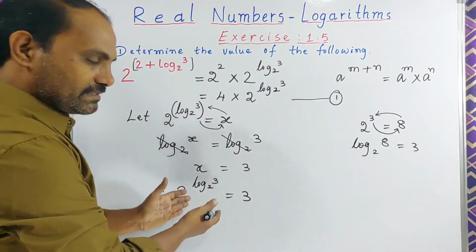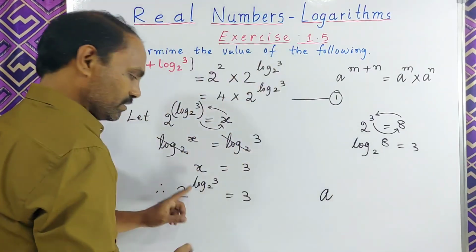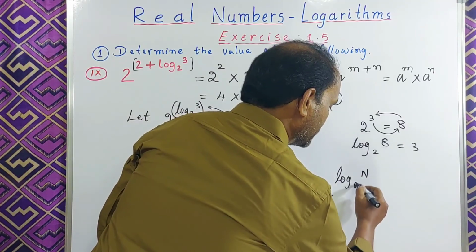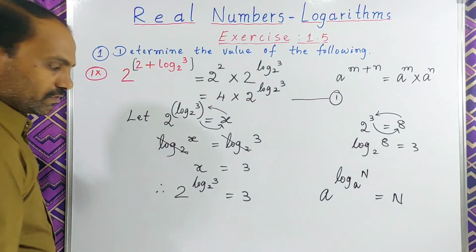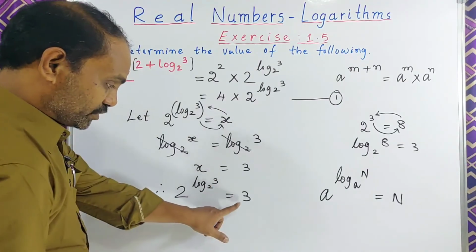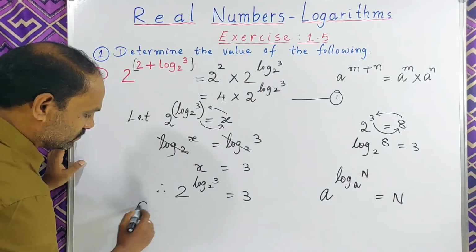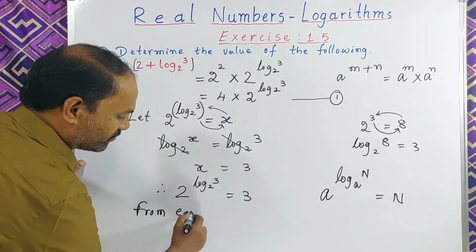We can generalize this formula. How can we write? A power log n to the base a, then this value equals n. Okay, now we should substitute this value in equation 1, from equation 1.